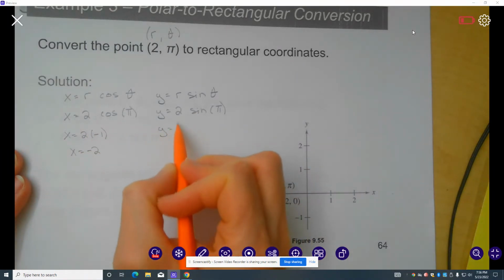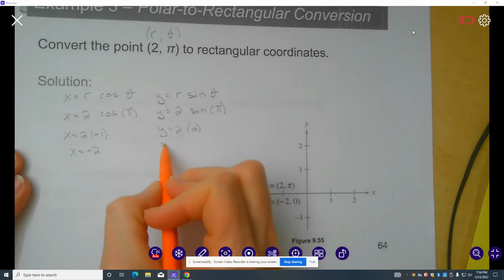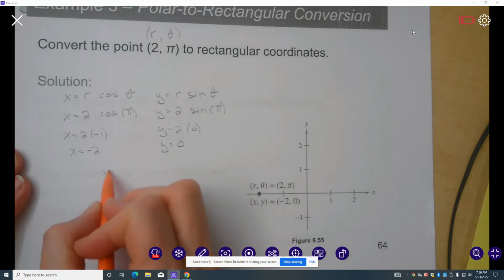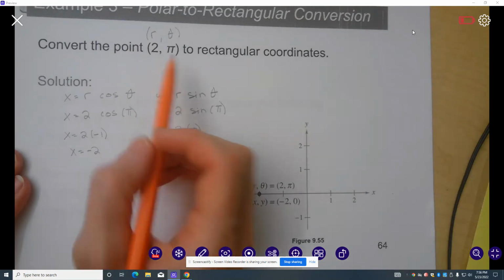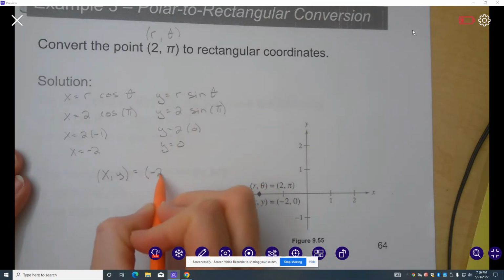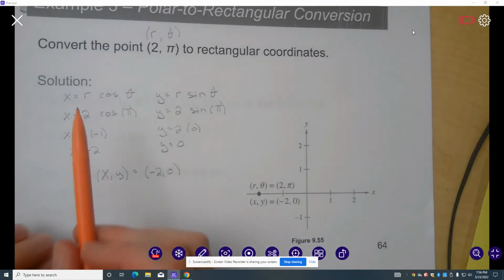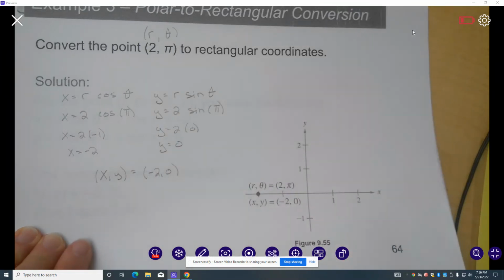Y is equal to 2 times the sine of pi. The sine of pi is 0. So y is equal to 0. So the xy point that corresponds to this polar point would be (-2, 0). So that's not too bad. X is r cosine theta, y is r sine of theta.